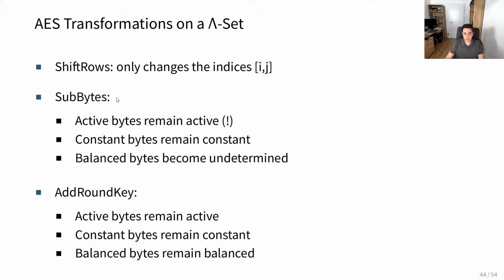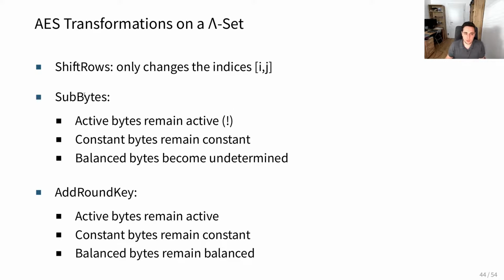For SubBytes, the active bytes remain active. What does this mean? If I have one byte which assumes every one of the 256 possible values in all of the 256 plaintexts, then after applying SubBytes, it's again active. This is true because the S-box is a permutation.